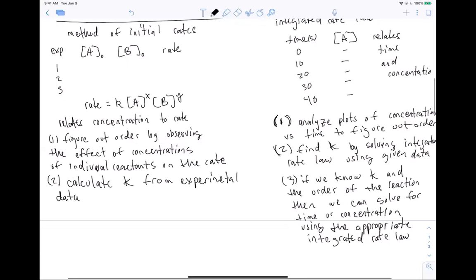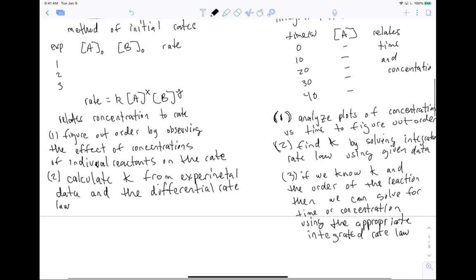Calculate K from the experimental data and the differential rate law, which again, we frequently just refer to as the rate law, but I like to call it the differential rate law so that it's clear what we're talking about.